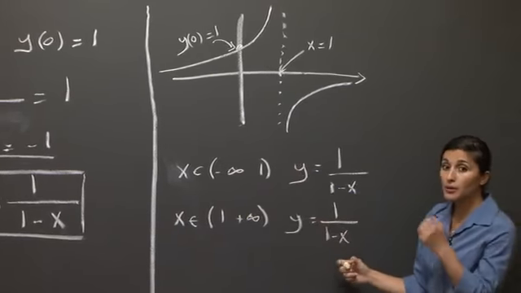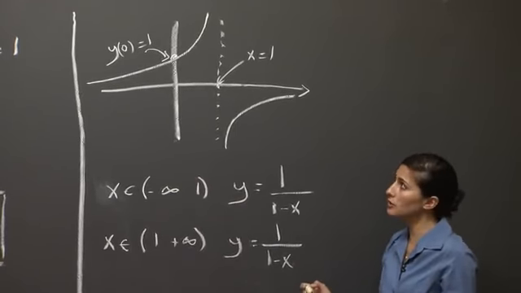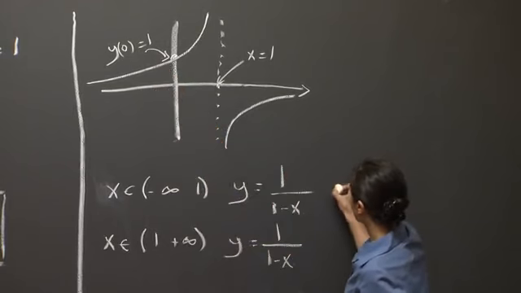The solution to our initial value problem needs to be the solution that passes through the imposed initial condition, which was y(0) equals 1. So it needs to be this solution.